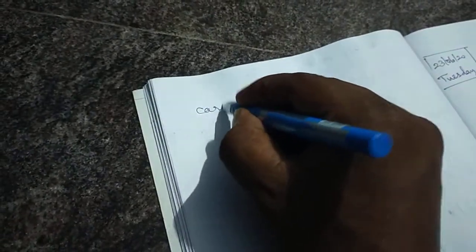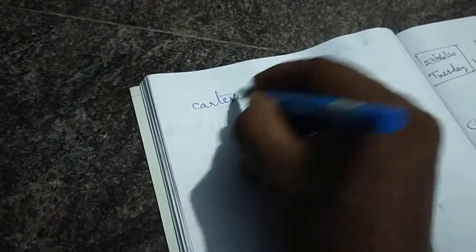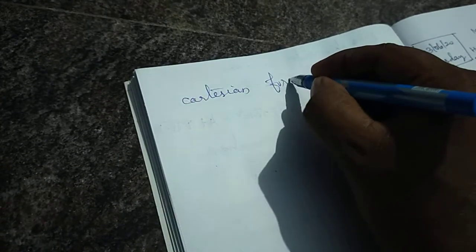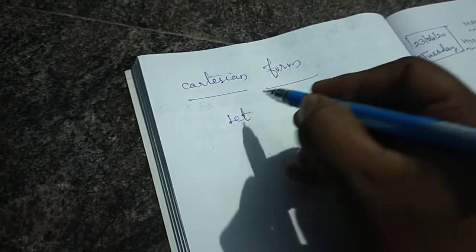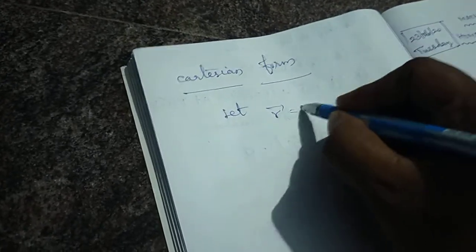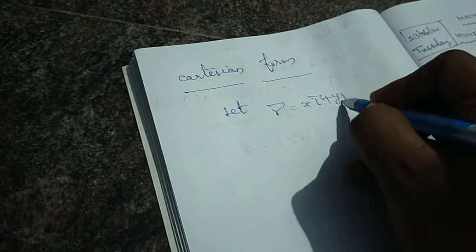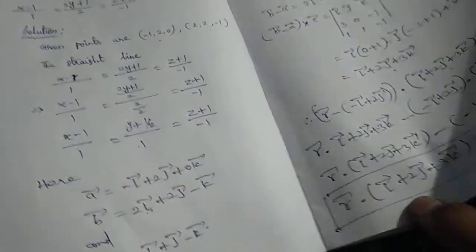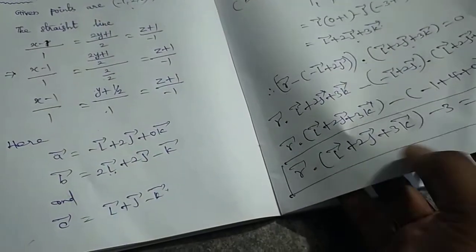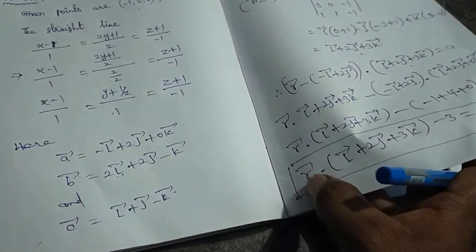Next, the Cartesian equation. In Cartesian form, we easily find it: let r vector equal x i vector plus y j vector plus z k vector, because we calculated the non-parametric form of the vector equation. From this equation, we calculate the Cartesian form. Just substitute the r vector value. Listen carefully, children.